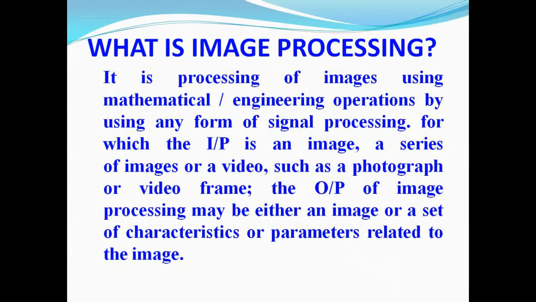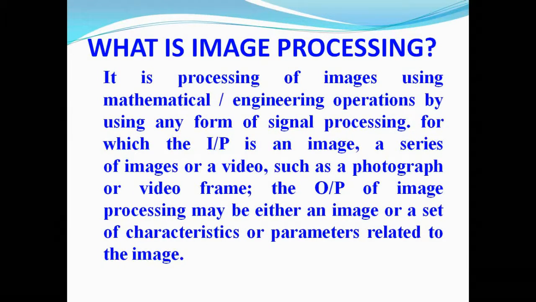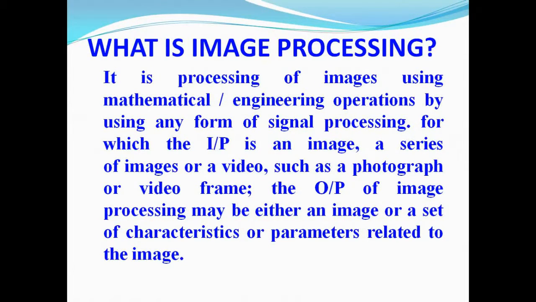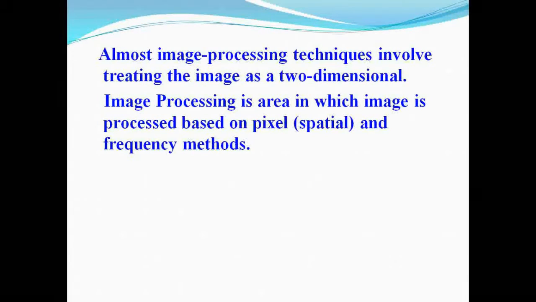And sometimes along with the input image you embed encrypted keys, private keys or public keys, and the expected output is those parameters, the private or public keys related to the image. That is the general image processing process.